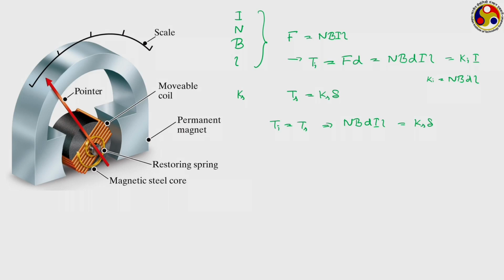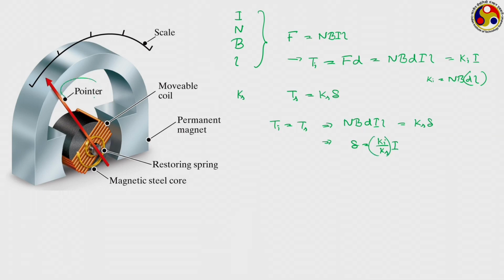N is the number of turns, D and L refer to the dimension of the coil, B is the magnetic field, and as we are talking about a permanent magnet, that is also fixed. So, we can write delta is equal to Ki upon Ks into I, that is directly proportional to the current that is flowing through this coil.